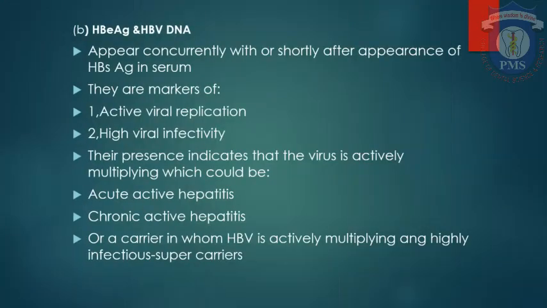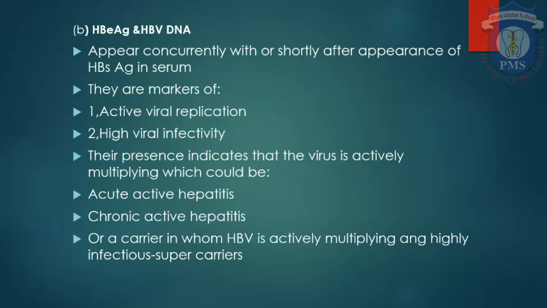Moving on to the next marker, that is hepatitis B e antigen, that is hepatitis B precore antigen, and hepatitis B virus DNA. These markers appear concurrently with or shortly after the appearance of HBs antigen in serum. They are the markers of active viral replication and high viral infectivity, and their presence indicates that the virus is actively multiplying, which could be acute active hepatitis or chronic active hepatitis.